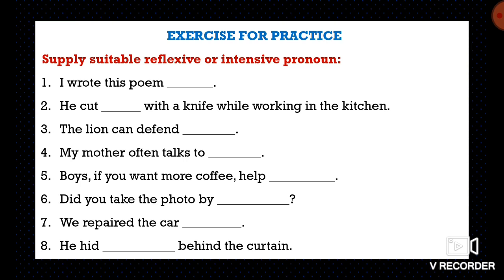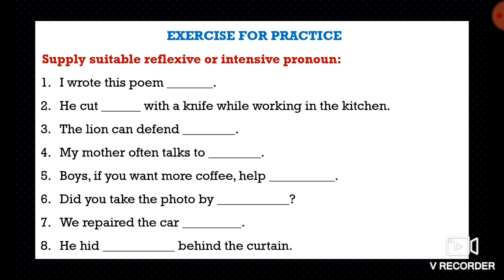Fifth, boys, if you want more coffee, help dash. Sixth, did you take the photo by dash? Seventh, we repaired the car dash. And the last sentence is, he hid dash behind the curtain.